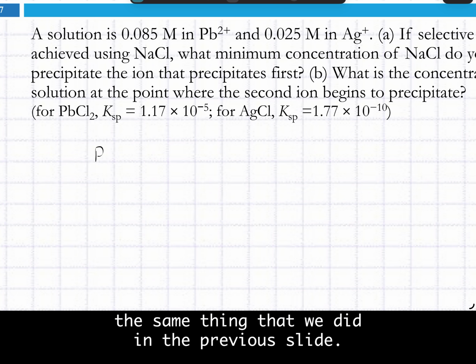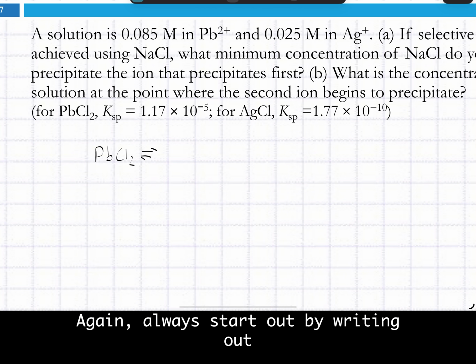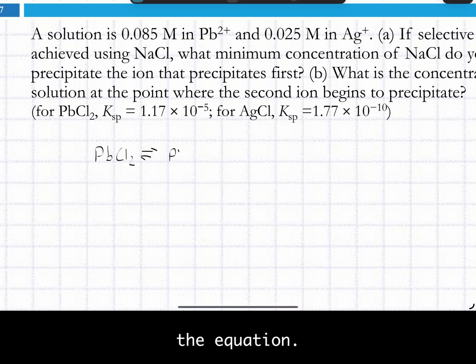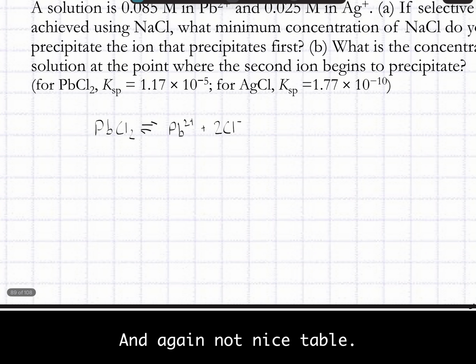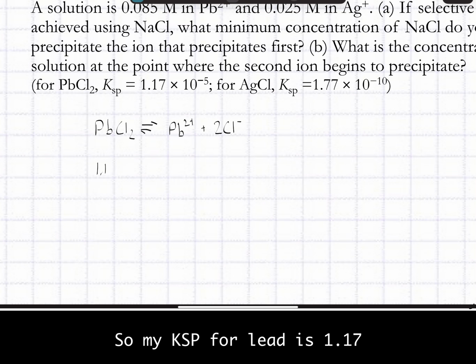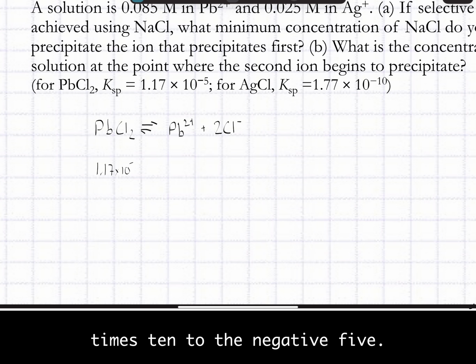So this is the same thing that we did in the previous slide. Again, always start out by writing out the equation. It's going to be 2Cl minus. And again, not nice table. We're just using KSP. So my KSP for lead is 1.17 times 10 to the negative 5.